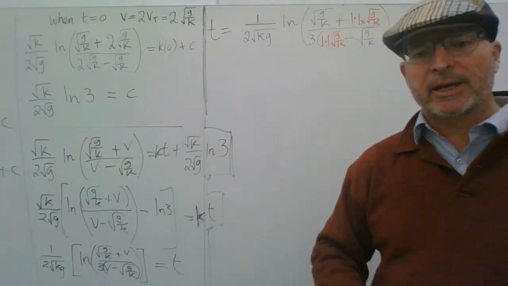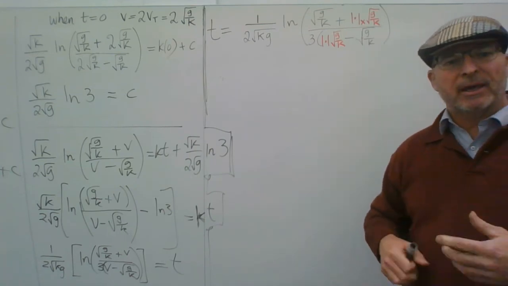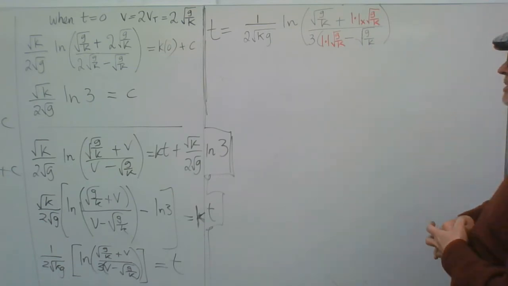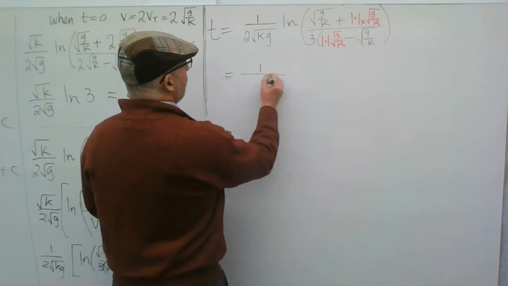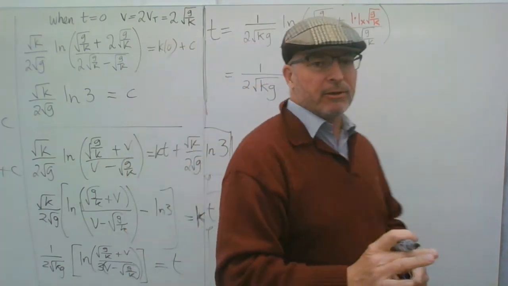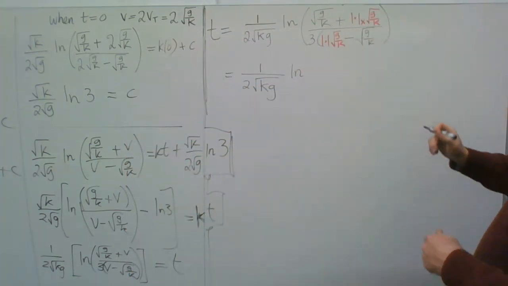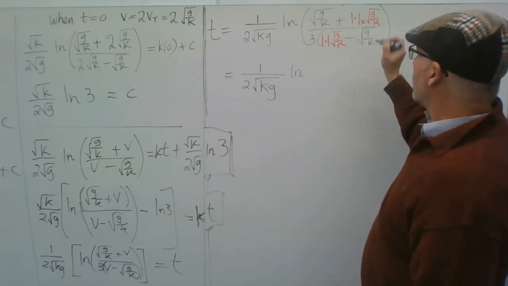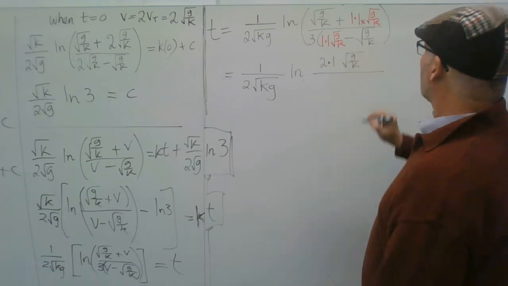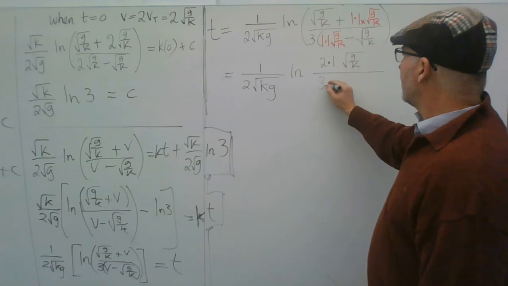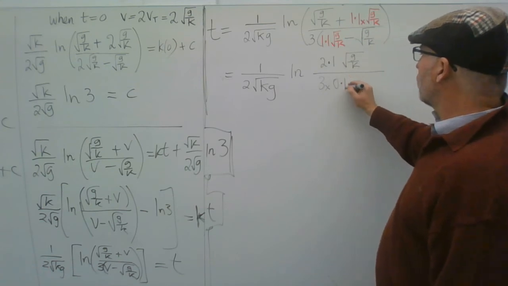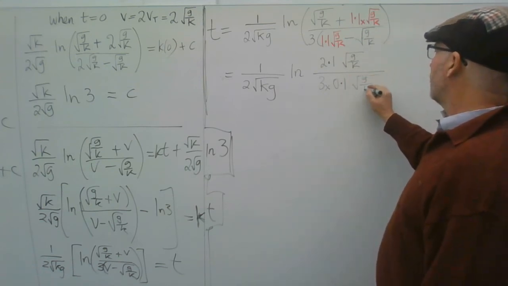So our answer to our question, how long is it going to take to go from being thrown at twice the terminal velocity to slow itself down to 1.1 times the terminal velocity, will be 1 on 2 root kg, the natural log of, and we need to figure out what this is. Well, we got one of these plus 1.1 of them in. So we've got 2.1 of these root g on k's all over 3 times, and 1.1 of them minus 1 of them is 0.1 of these root g on k's.